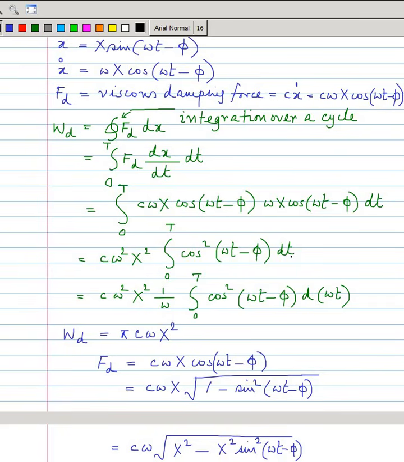Now we are changing this variable from dt to d omega t.